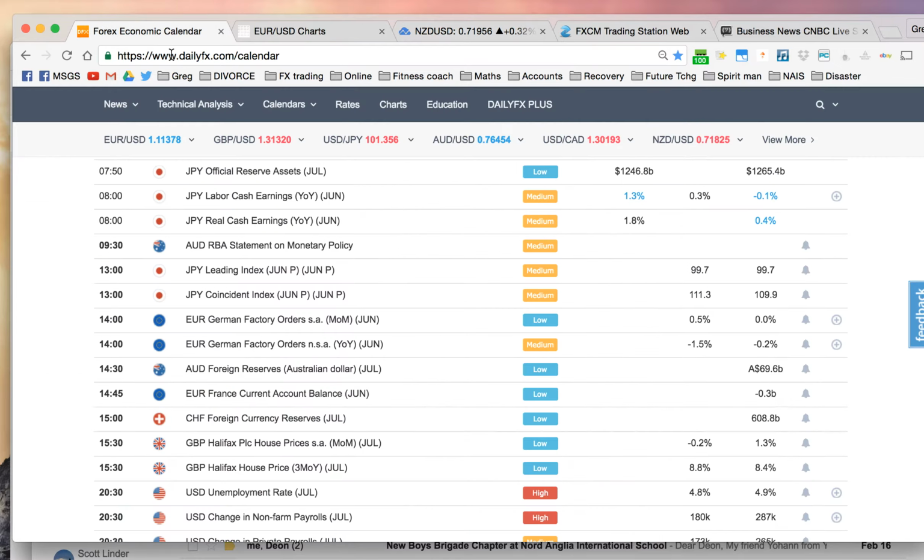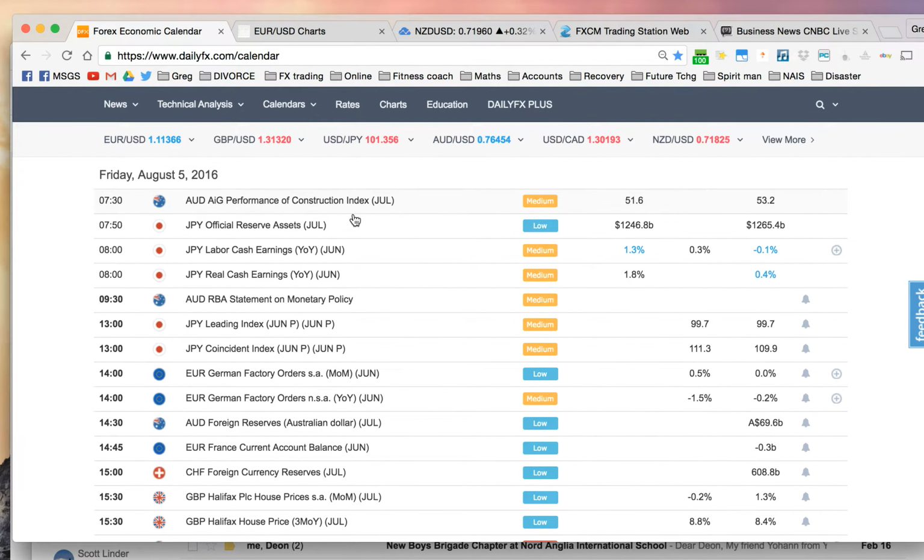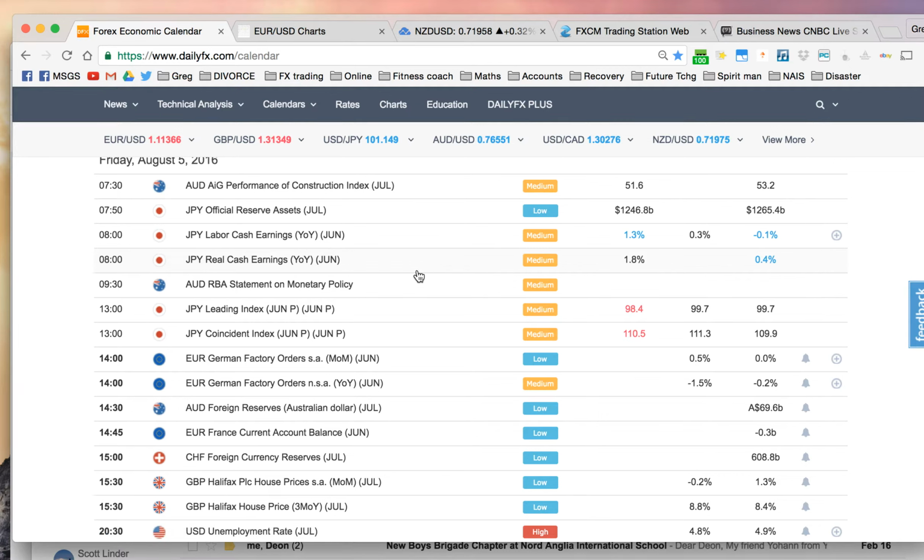I keep open the economic calendar from DailyFX, which will give us news releases. You have to be aware of events that might happen that will affect the price movements. There's big effects when you have a news release, a data release.